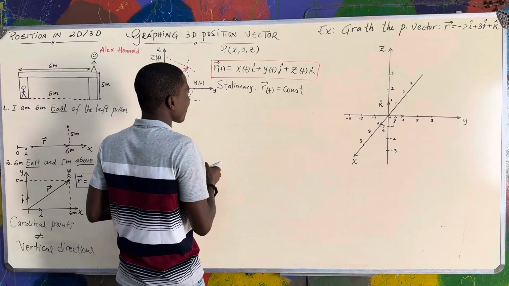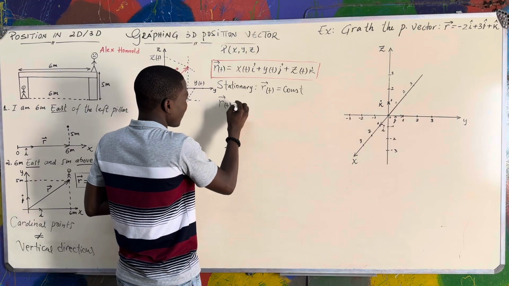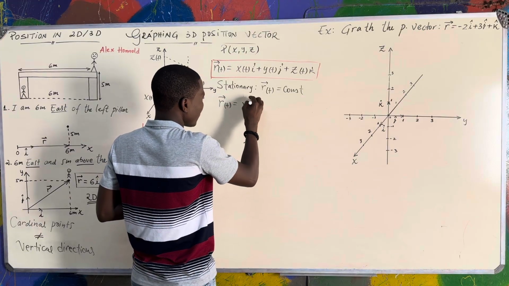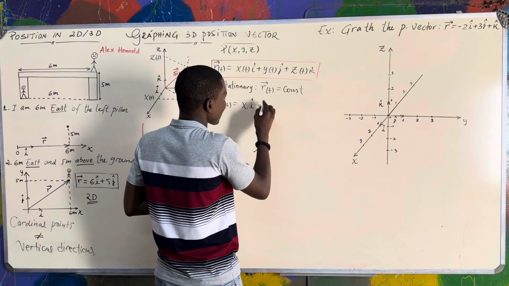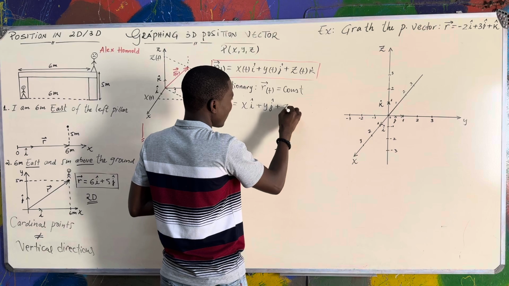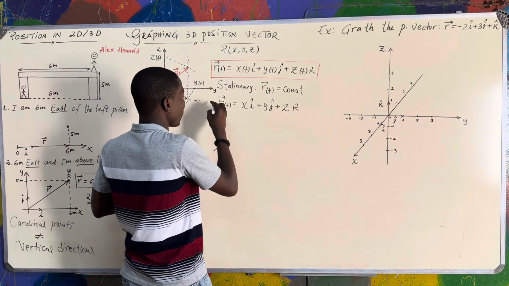This means we write this: we have x i, so time gets lost here, plus y j and z k. This is the position vector for a stationary object.